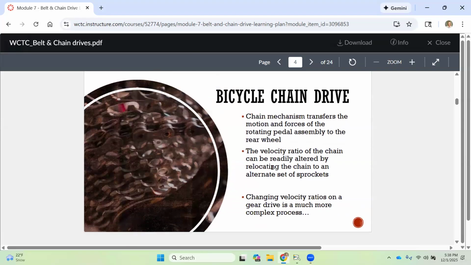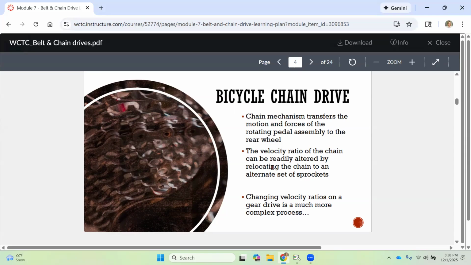Bicycle chain drive. I start here only because this is an application that most everybody can relate to. Basically, a bicycle chain drive is a chain mechanism that transfers the motion and forces of the rotating pedal assembly from where you are at on the front to the back. The velocity ratio of that chain can be readily altered by changing gears, as we say.